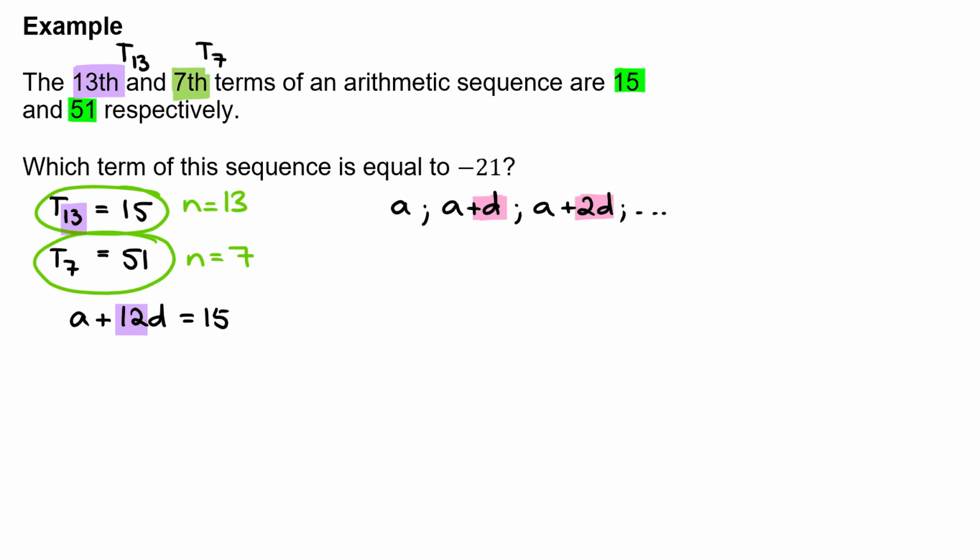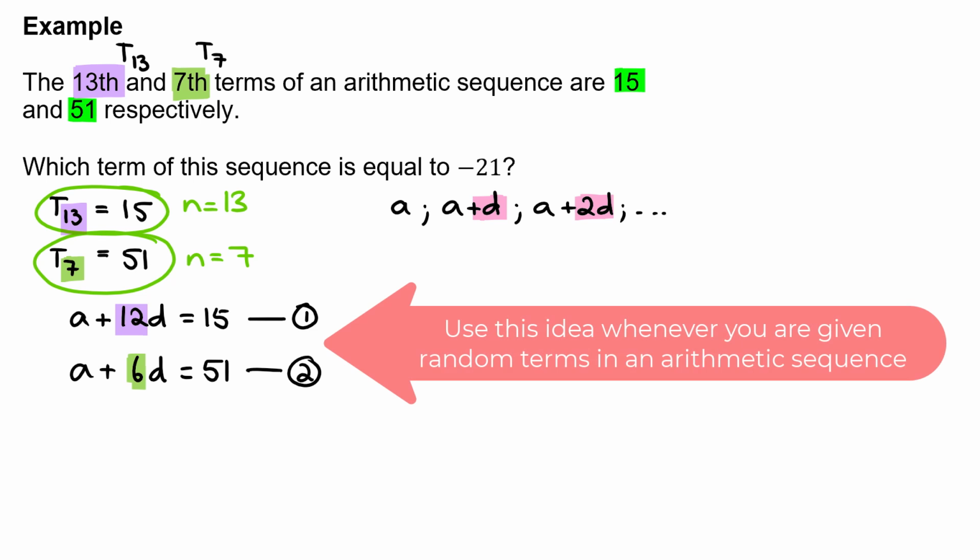And a plus 6d, because again, it's going to be one less than the 7th term, is going to equal 51. This skill is extremely important for problem-solving type questions, because what it's done is given us two equations that we can use simultaneously to go and solve any of these questions.